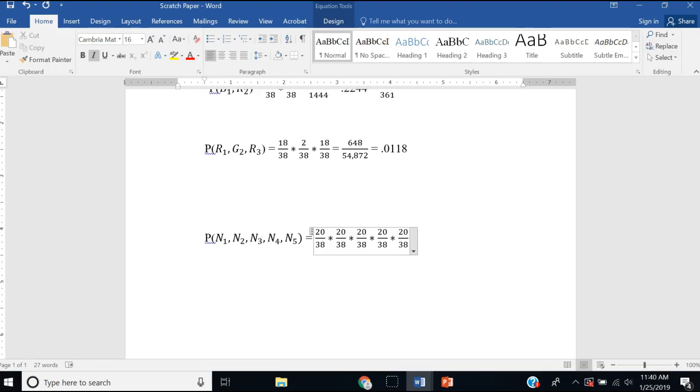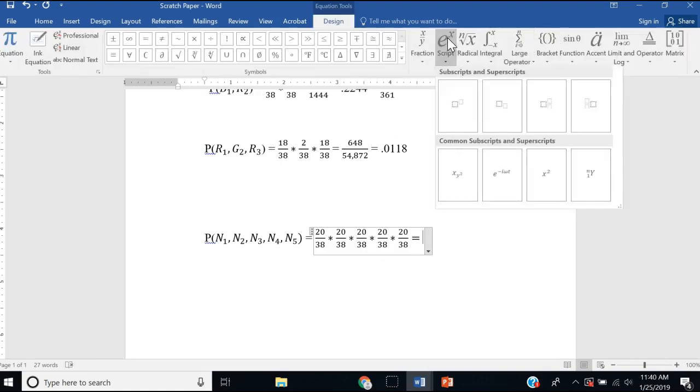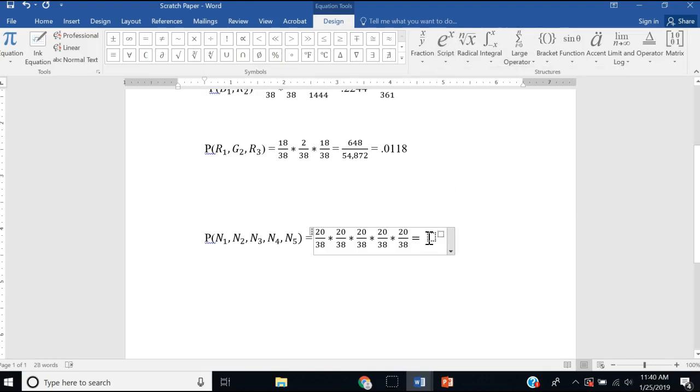By the way, you can imagine if we said, well, let's not get red 17 times in a row, you probably wouldn't want to write all those multiplications. You'd rather turn that into an exponential problem where we just take my fraction, which is 20 over 38, put it in parentheses and raise it to the exponent of 5, okay?